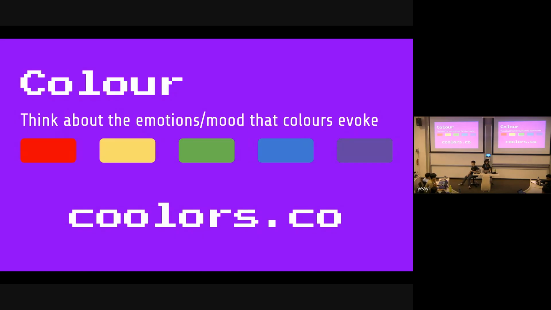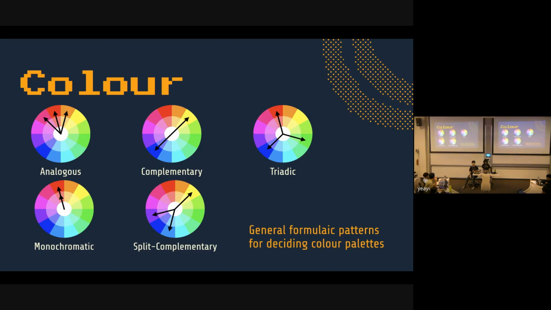It's very Y2K style. And generally when you're selecting your color palette, your color scheme, there is a formulaic pattern for you, which are these color wheels: analogous, complementary, triadic, monochromatic, split complementary. But remember, the idea for these arrows is that you use them to point to a certain color, and then whatever is directly opposite will be the other color that you use.